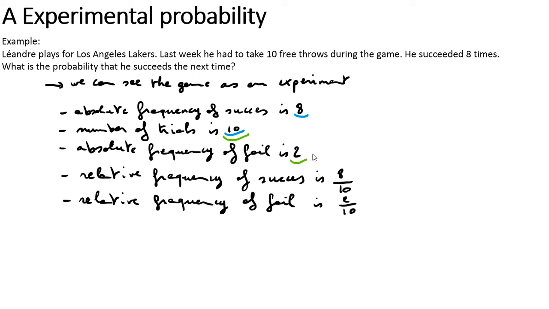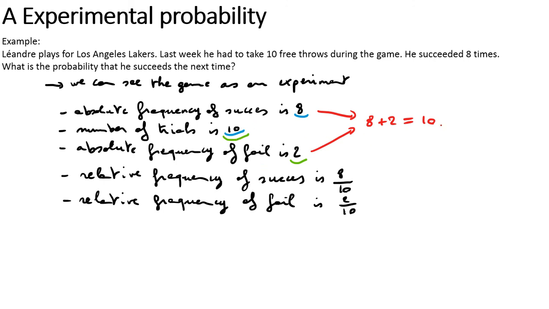If we look at those numbers, we see, and it makes sense as well, that the absolute frequency of success, 8, plus the absolute frequency of fail, 2, must be equal to the number of trials, because he tries 10 times, fails 2 times, and succeeds 8 times.